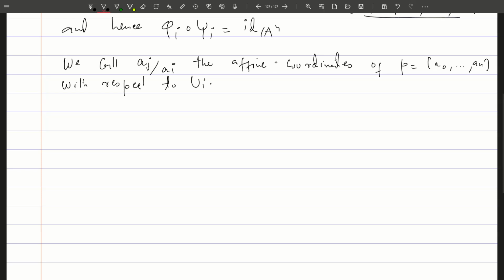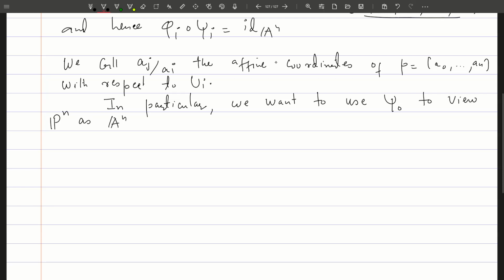So in particular, we want to use u0 to view Pn as An, that is, to view the projective n space as An with some added points at infinity.